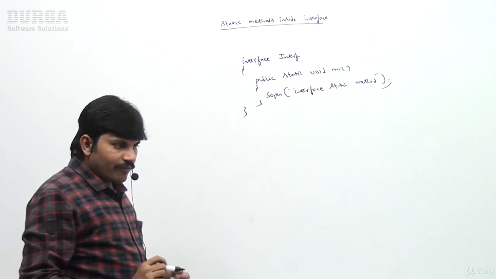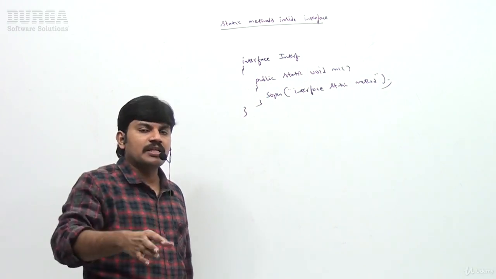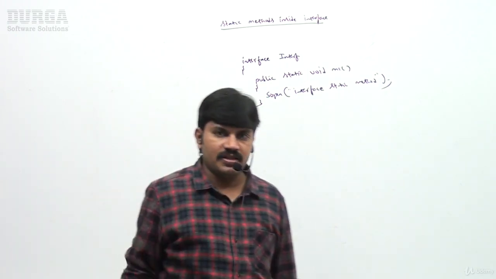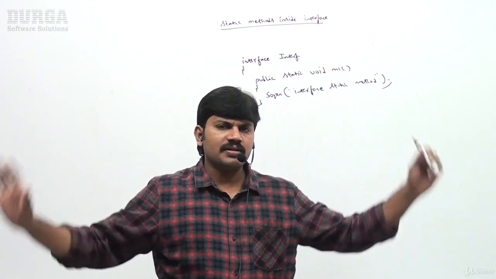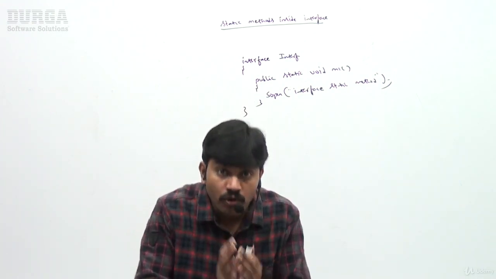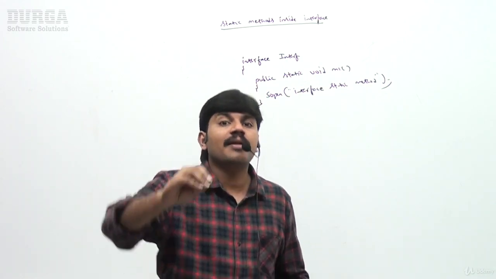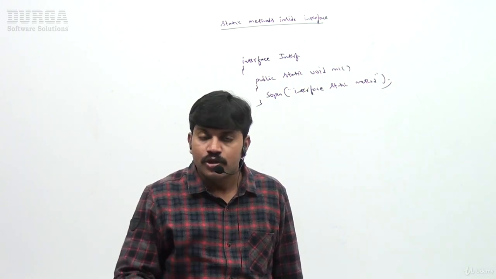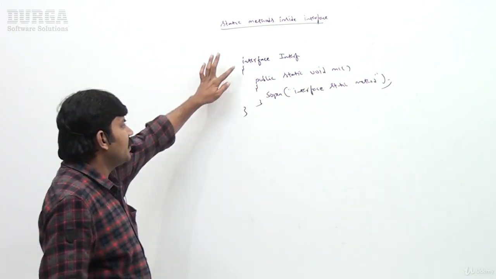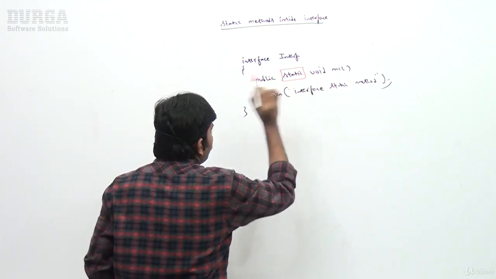From Java 1.8 onwards, this is just to define general utility methods. For any class, these are generally required utility methods, nowhere related to object state. Such general utility methods you can declare inside an interface in the form of static methods, no problem at all.